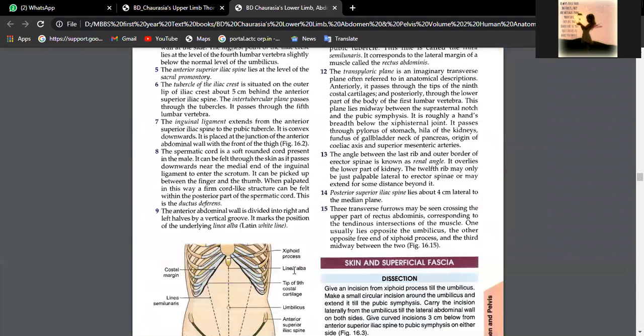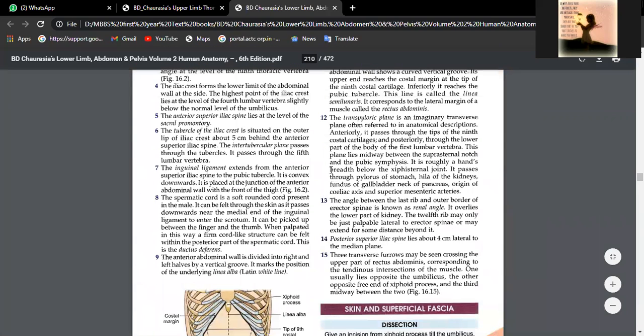Okay. There is a question called the transpyloric plane for 2 marks, beta. It's an imaginary transverse plane which is referred to in anatomical descriptions. It passes through the tips of the ninth costal cartilage and posteriorly through the lower part of the body of the first lumbar vertebra.